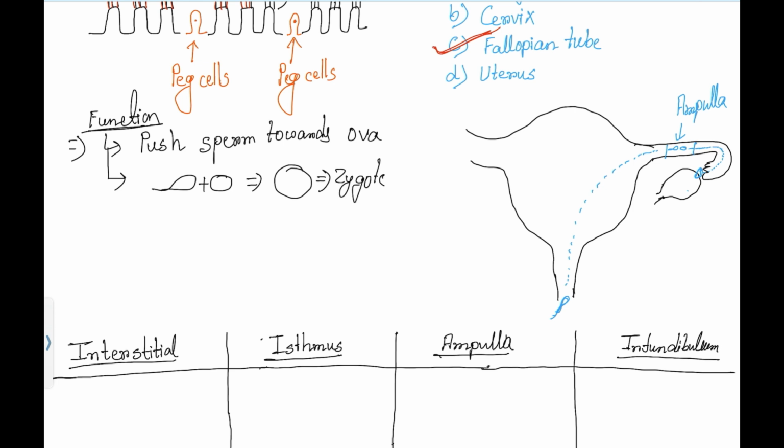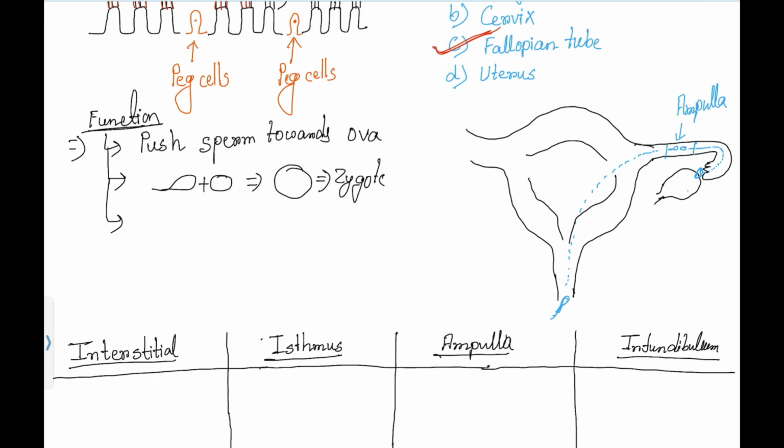After this zygote formation, it should implant in your uterine portion, right? Now, who will help this zygote reach the uterus? Obviously, the function is for this cilia.